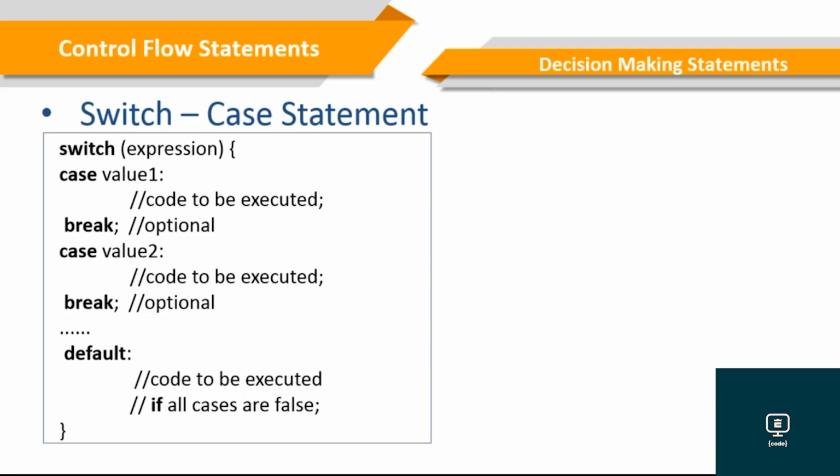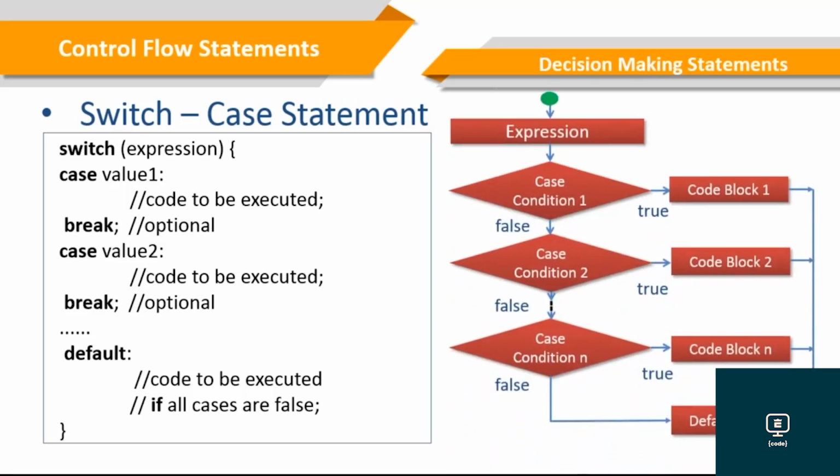But the switch case statement works with primitive data types such as byte, short, int, and long. Remember those? So it also works with strings as well as enum types that we're going to get to in the following lectures. So have a look at this diagram.